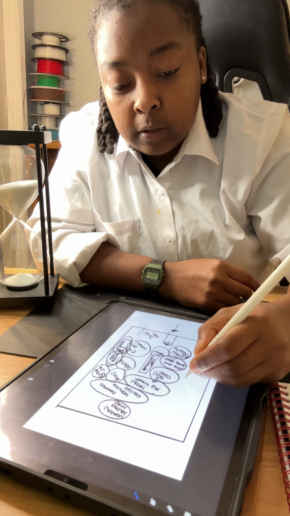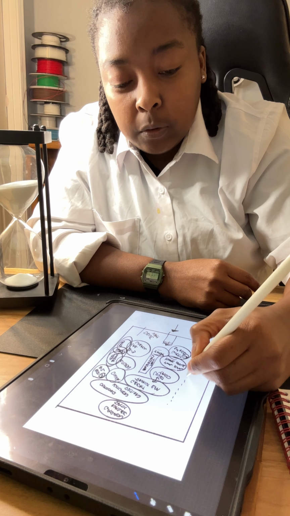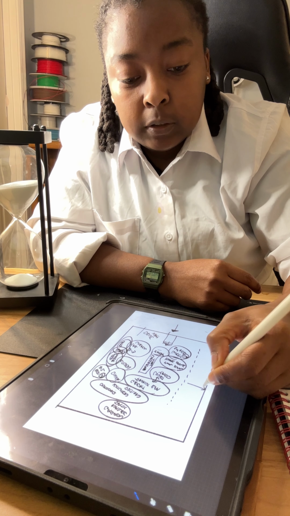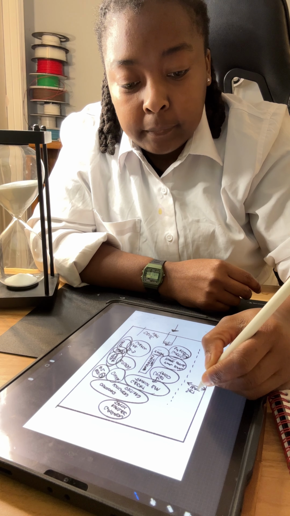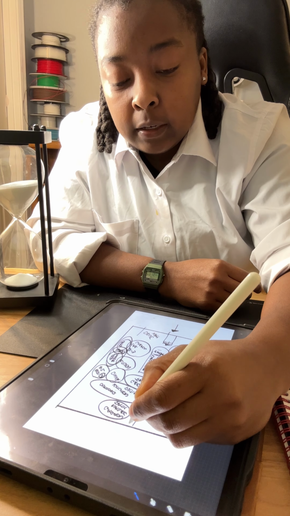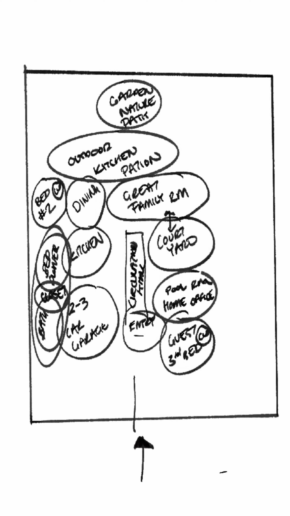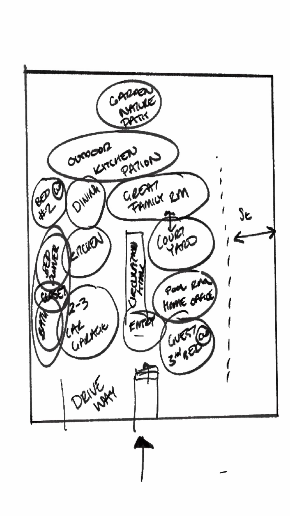And then this is the quote unquote setback. And then we also have a step back here. What else? Now let's think more about circulation. I would just want to quickly cover that.